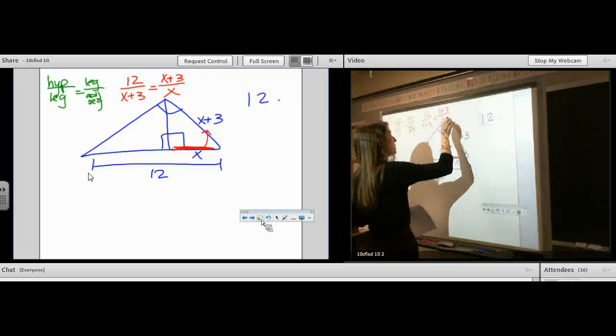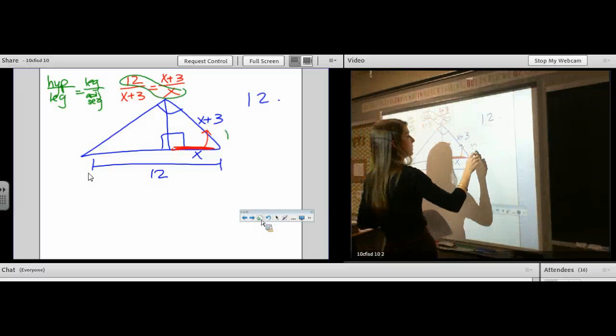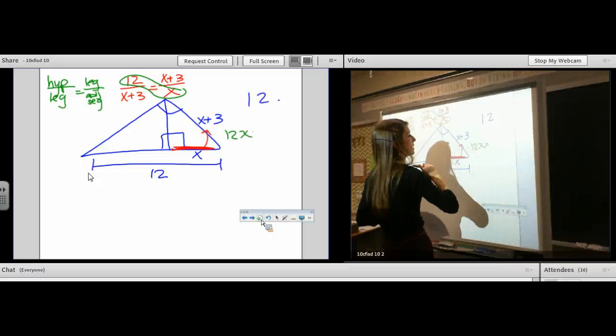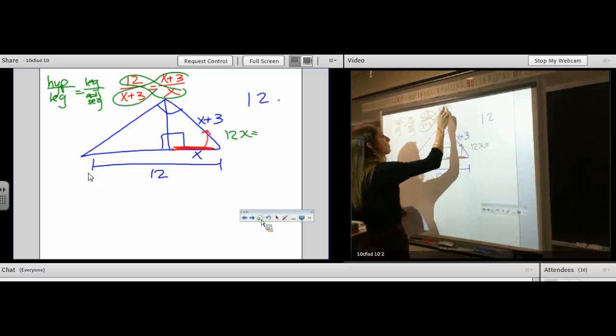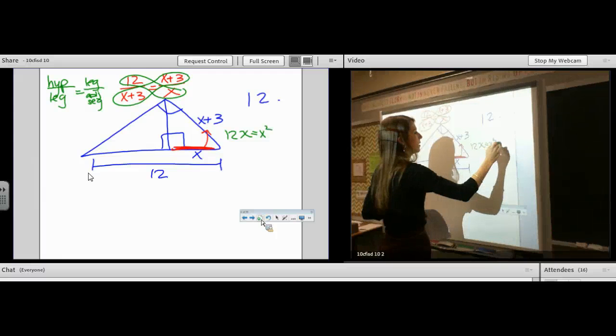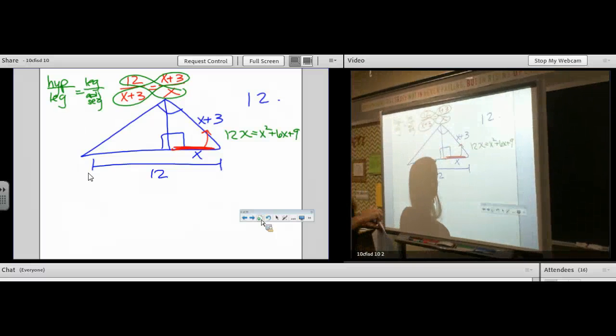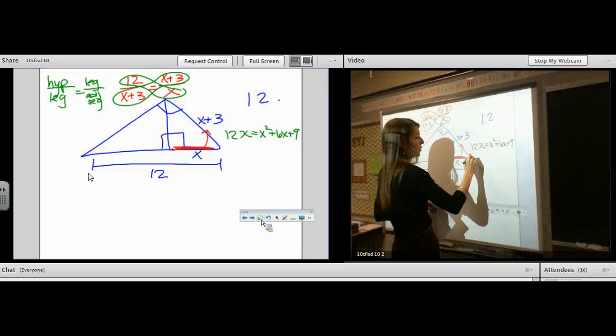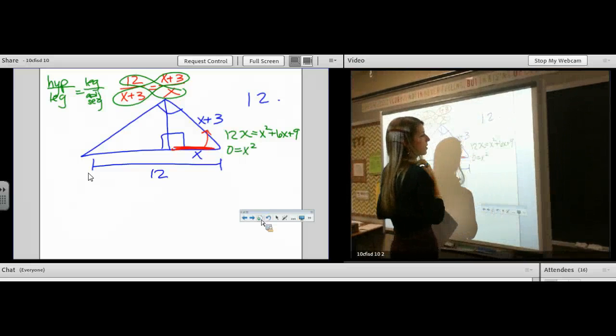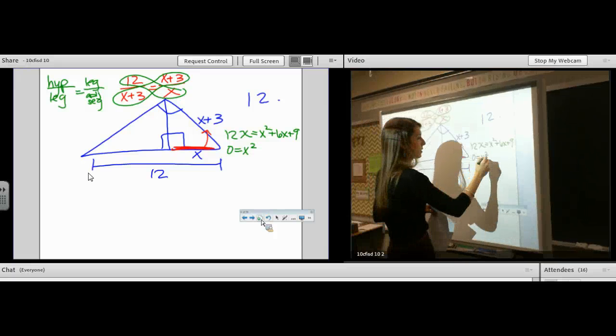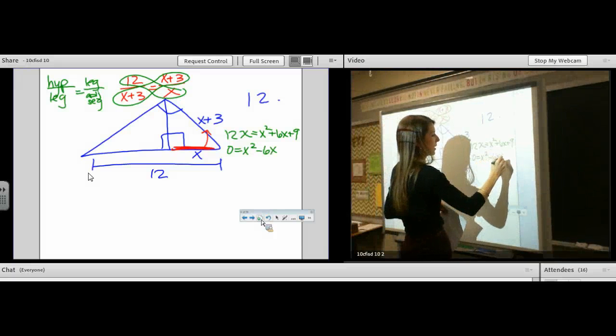So now we're going to cross multiply. 12 times x, 12x equals x squared plus 6x plus 9. I'm going to subtract 12x from both sides. 0 equals x squared minus 6x plus 9.